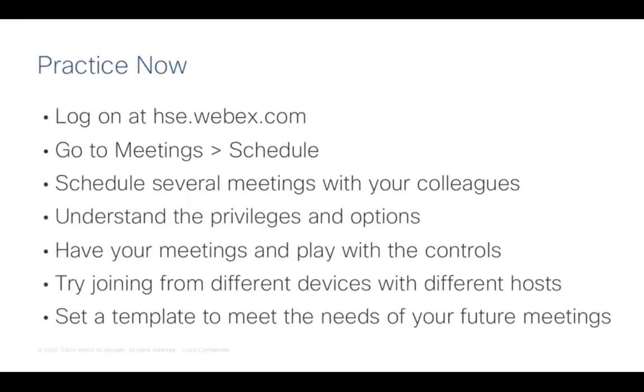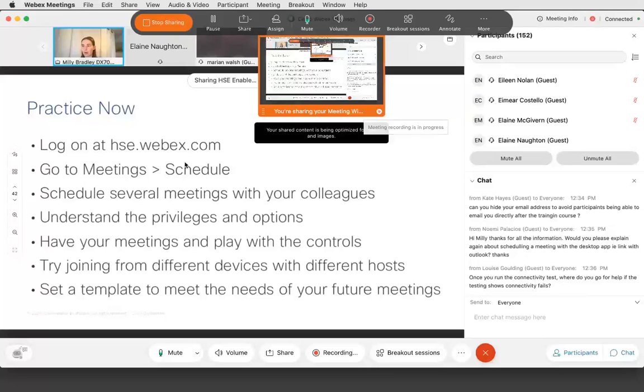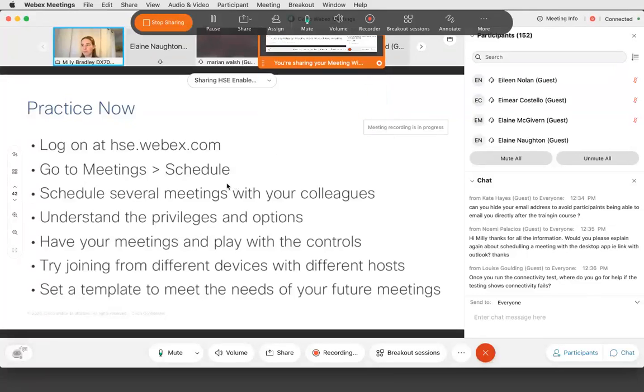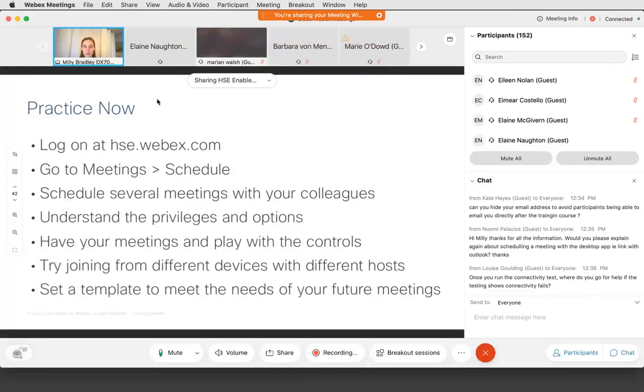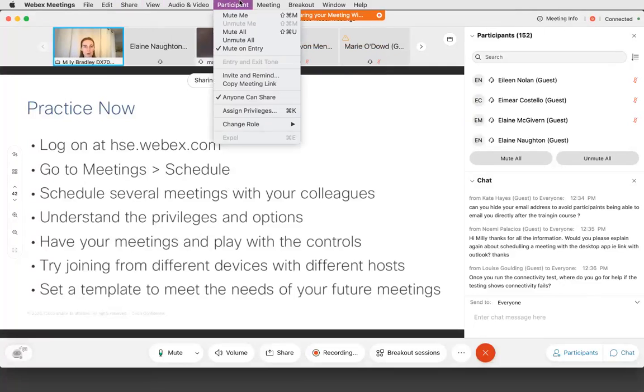Great. Okay. So what I'll do is share with you now what I can see as the host of the meeting. And one thing we'll need to enable when we're allowing other people to share content is go to participant and make sure that this is ticked. Anyone can share.